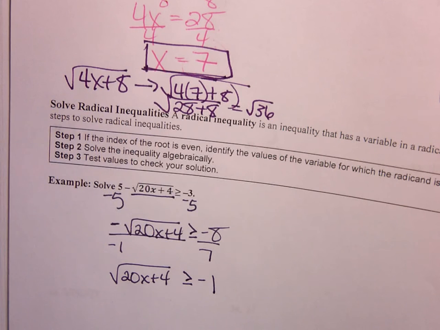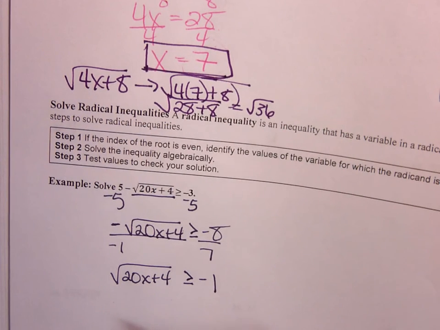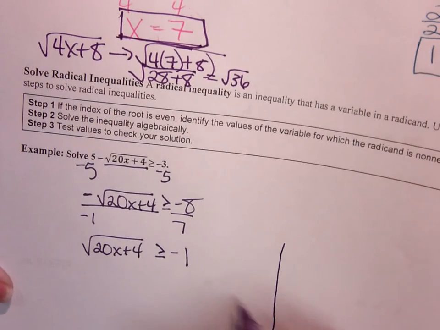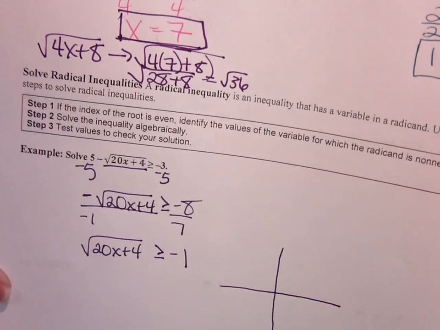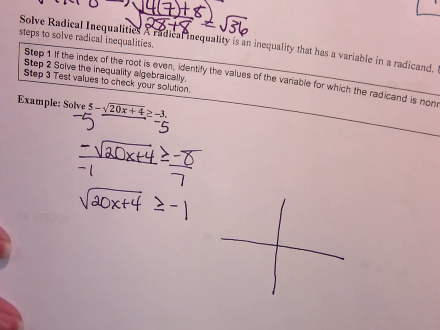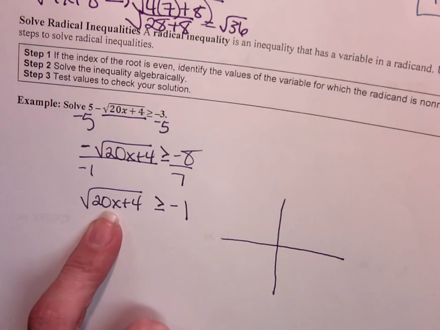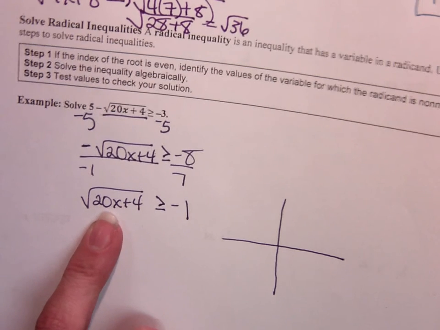Okay? When we get ready to solve this, okay, we want to consider the graph. So if we think about our graph, okay, I want to know where this equals 0 so I know where this thing starts.